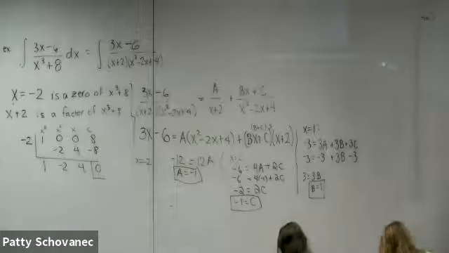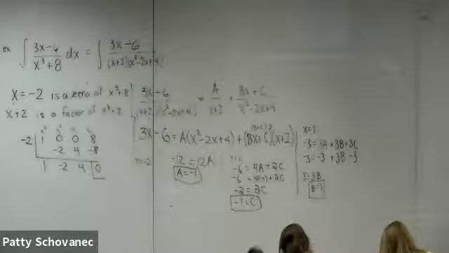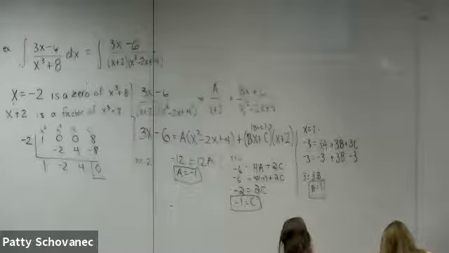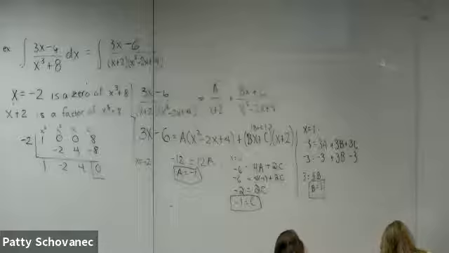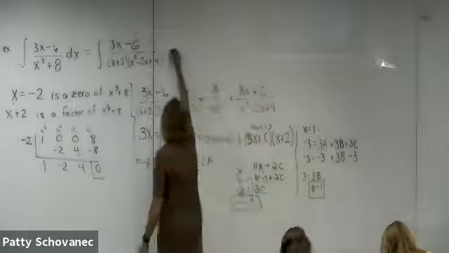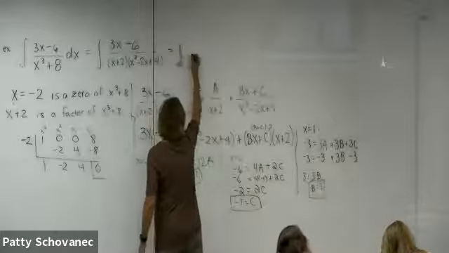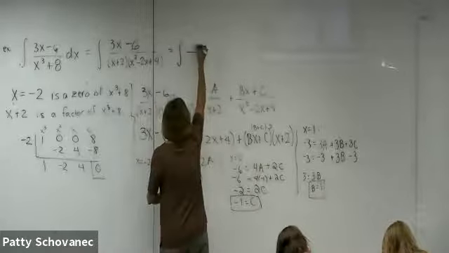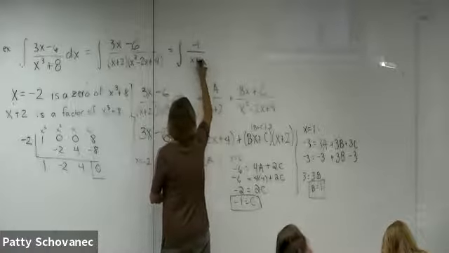Wow. Catch our breath right there. Then we got to go look at what we're going to integrate. We are going to integrate A over X plus 2, so -1 over X plus 2.